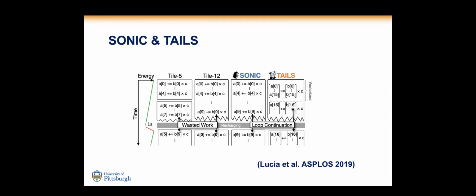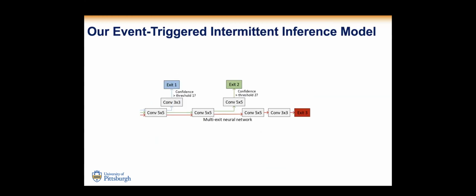All right. So in order to solve this problem, we came up with event-triggered intermittent inference. What that means is that instead of using a traditional deep neural network, we came up with a multi-exit deep neural network.